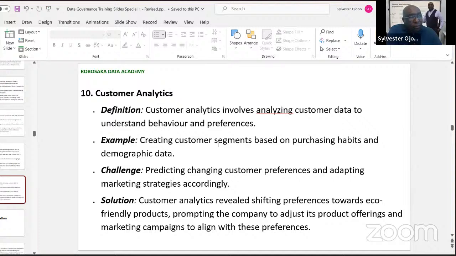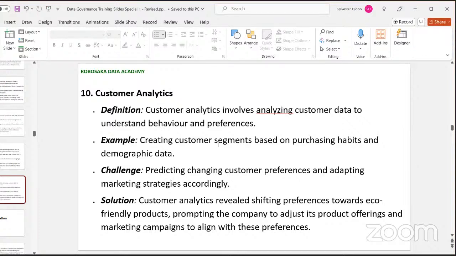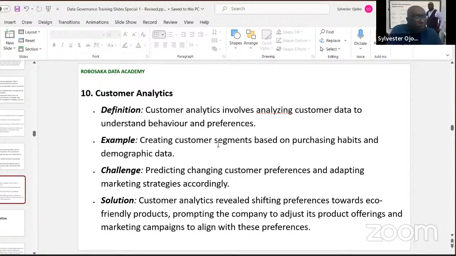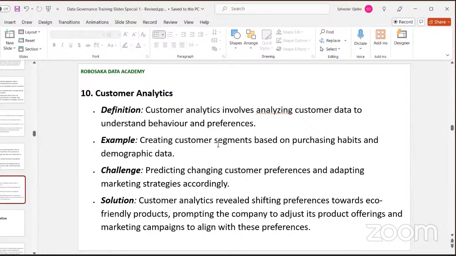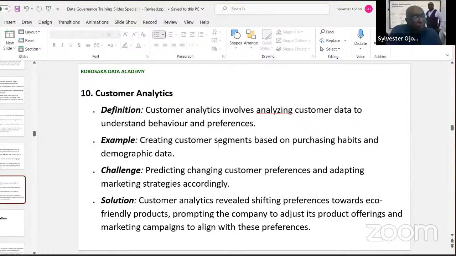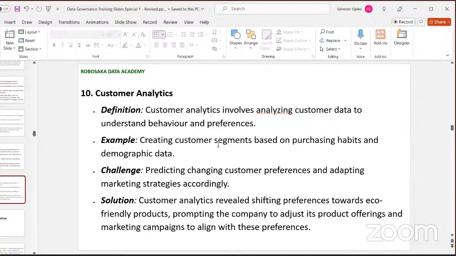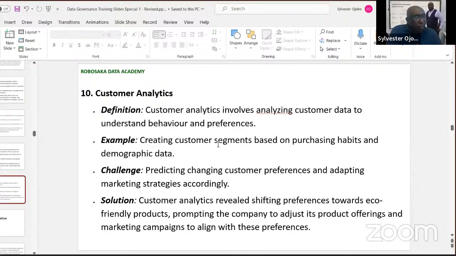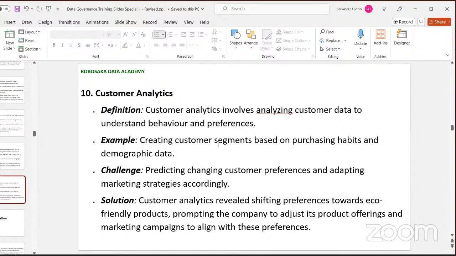They ask if you want the provider to allow advertisers to start following your habits everywhere you go. There are some unsolicited adverts that you don't get. They may ask you, do you have any complaint against such adverts? Or should they take it away completely? Those are customer analytics tools they use in determining your behavior, the things you'll be watching.